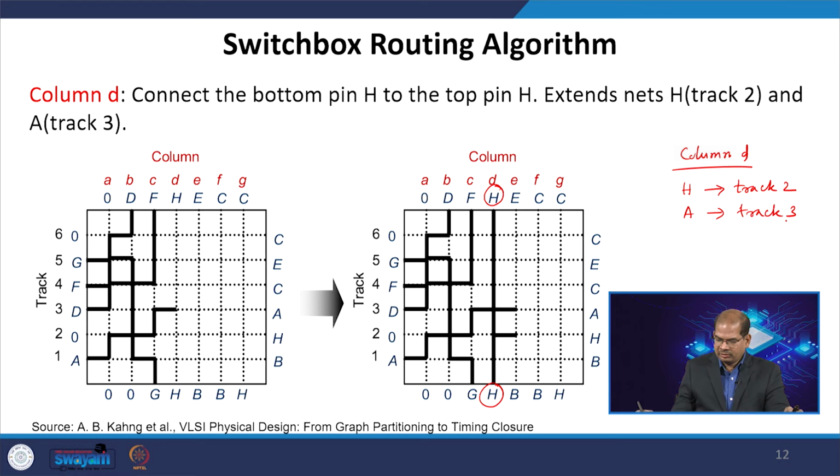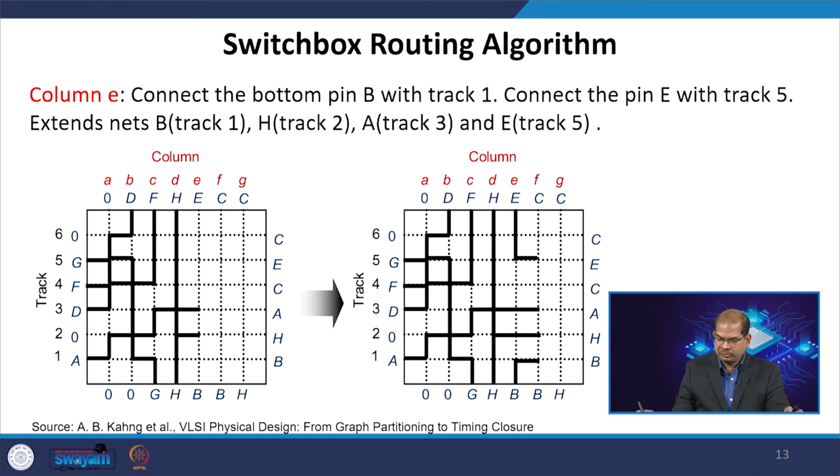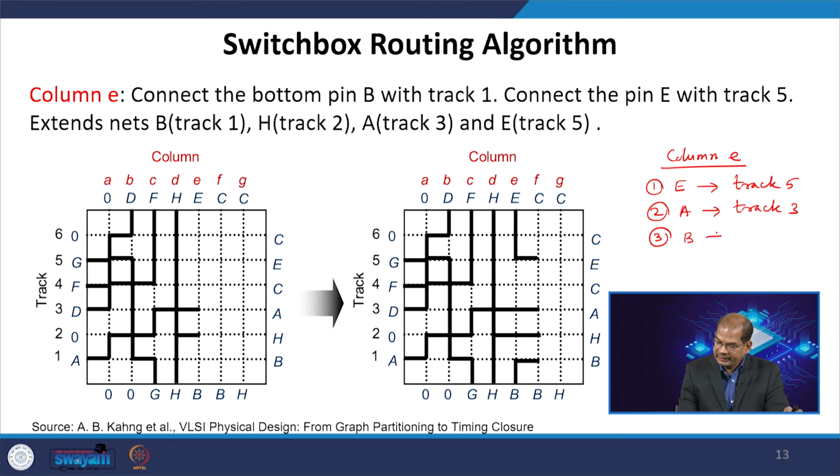Okay. Now, after doing this, you will go to column E. In column E, another pin comes, E is in track 5, and your A is in track 3, and your B is a new net.